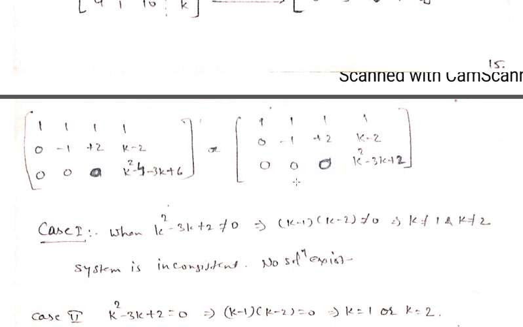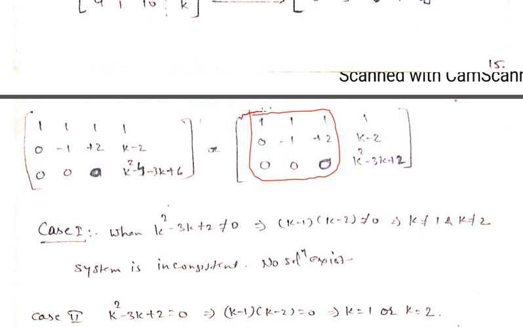Here, the third row will decide whether the solution will be consistent or inconsistent. If we go through the rank of the coefficient matrix, this is the coefficient matrix, and this whole matrix will decide the rank of the augmented matrix. From here, the rank of the coefficient matrix is 2.